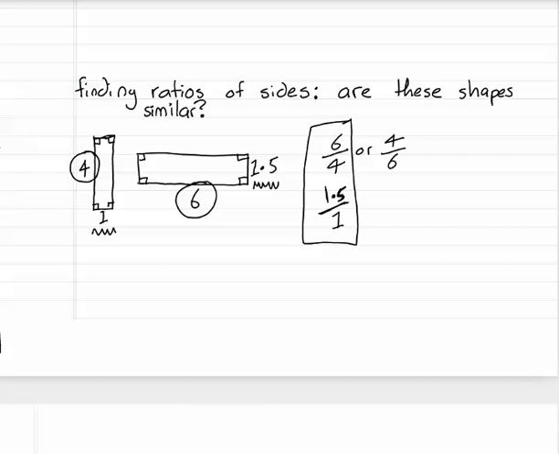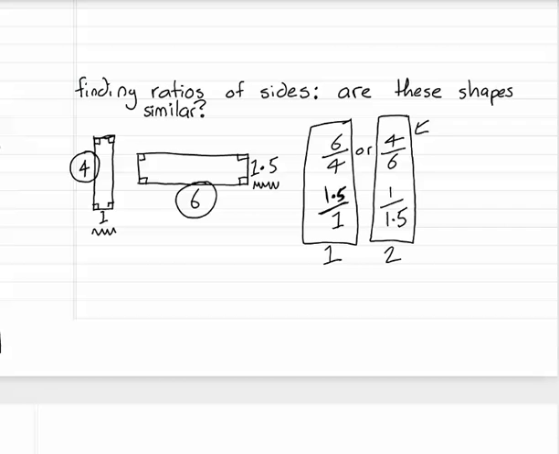sorry, my page glitched a bit there. Sorry, my second example here, if I've put the smaller side on top for the first ratio, I've got to put the smaller side on top for the second ratio. So either my first pair or my second pair would be fine, but I have to choose one or the other.